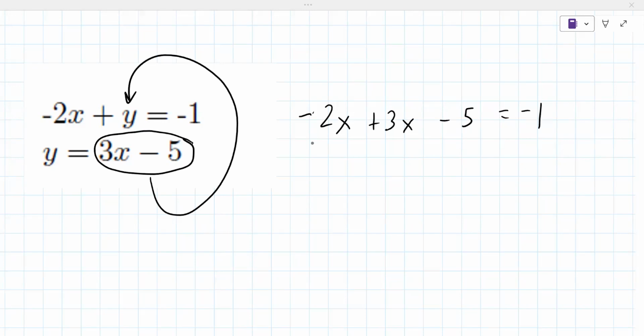All right, so what is -2x plus 3x? 1x minus 5 equals -1. Okay, so how do you undo subtraction by 5?